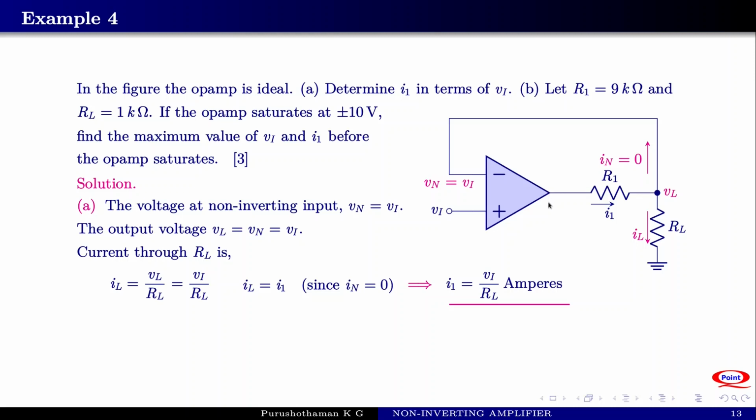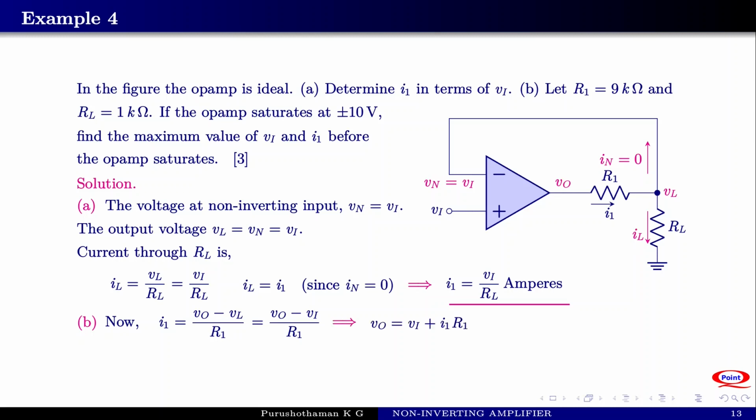VO is the output voltage of the operational amplifier, VL is the voltage across the resistance RL, and because of this VO and VL difference, this current is flowing. So you can write I1 is equal to VO minus VL divided by R1, which is equal to VO minus Vi divided by R1.